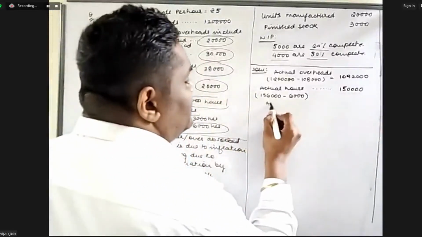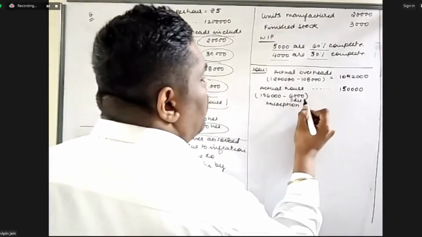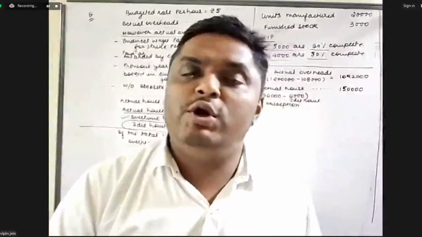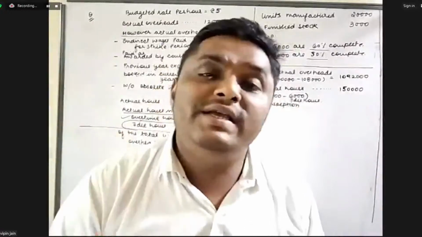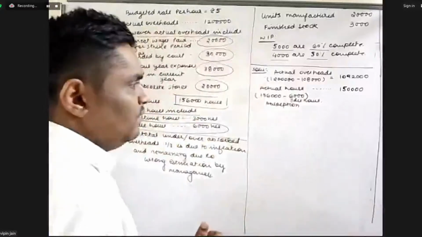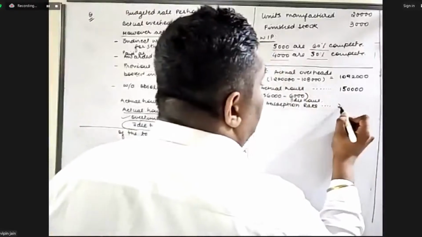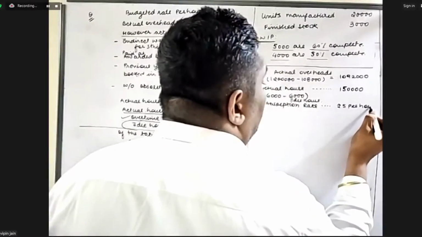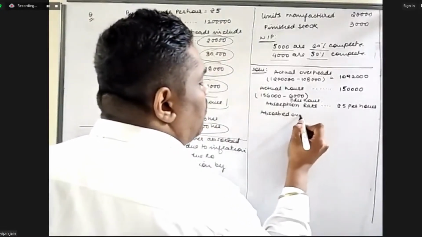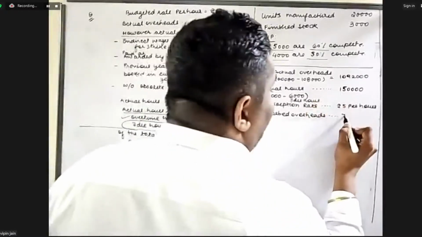Now my absorption rate is given in the question. So these overtime hours are given just to confuse you guys. They have nothing to do with the question. But yes, idle hours being abnormal in nature, that's why we have deducted them. So now my absorption rate is given, that is rupees 5 per hour. So my absorbed overheads will be 1,50,000 into 5, 7,50,000.